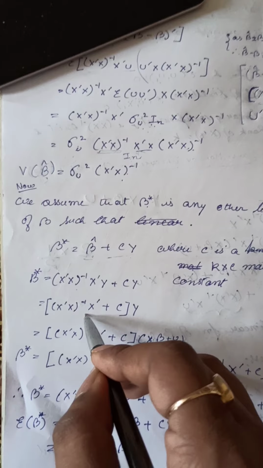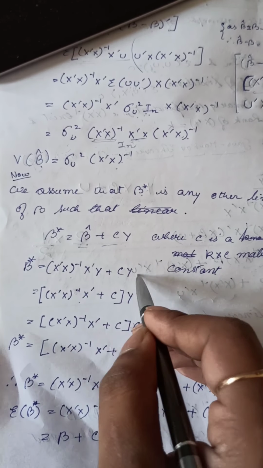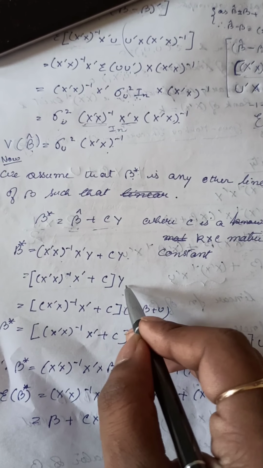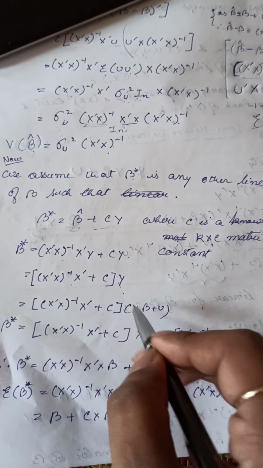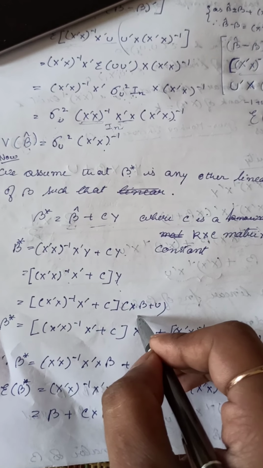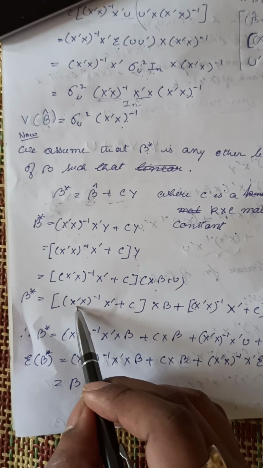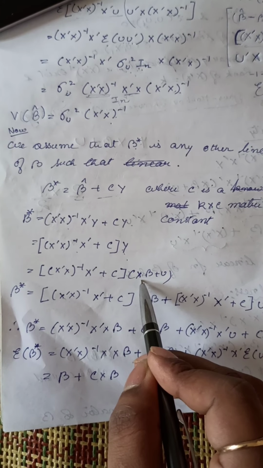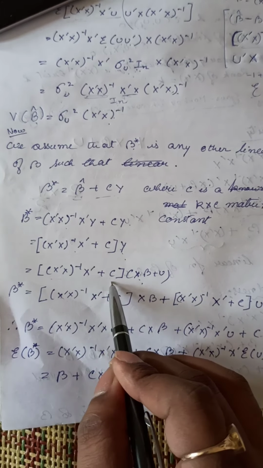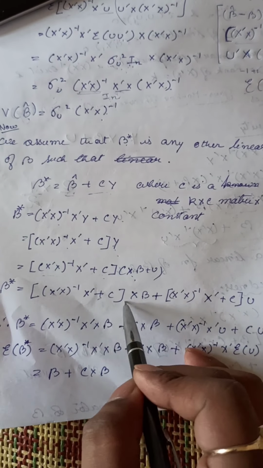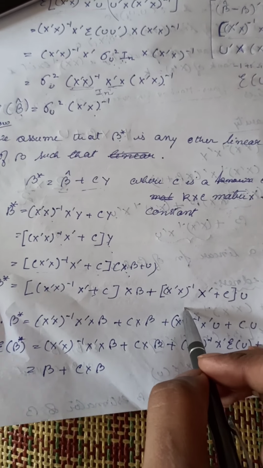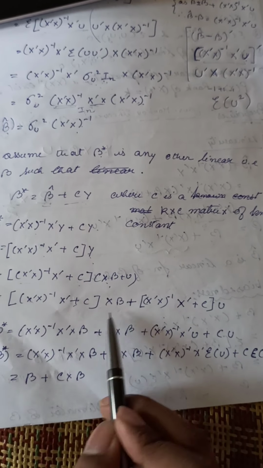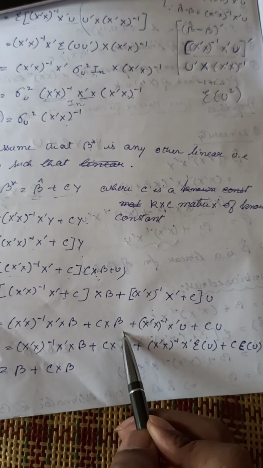In the next step we take y common, then we substitute the value of y. Then we multiply this entire term with x beta once, and again multiply this entire term with u, so we get two terms. After simple simplification we have arrived at this step.